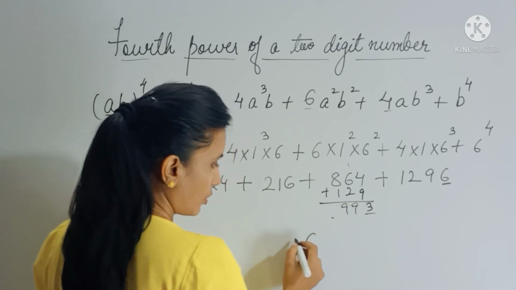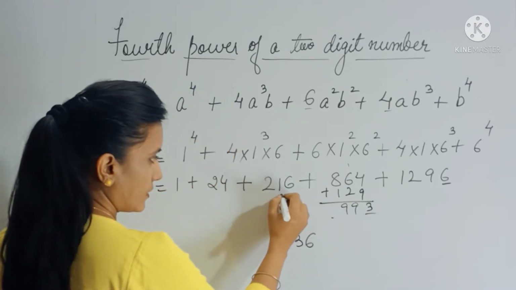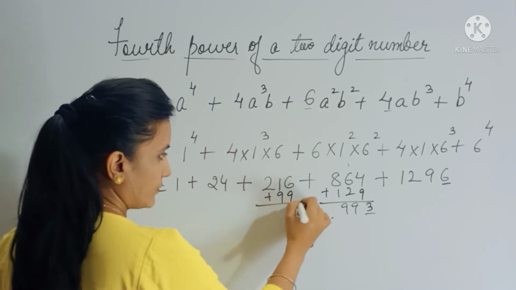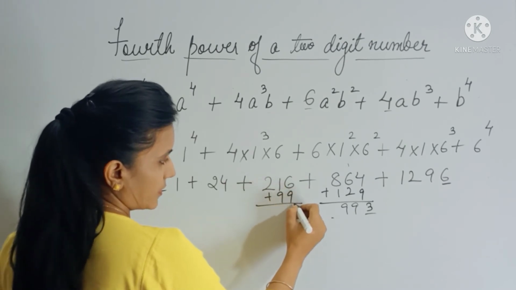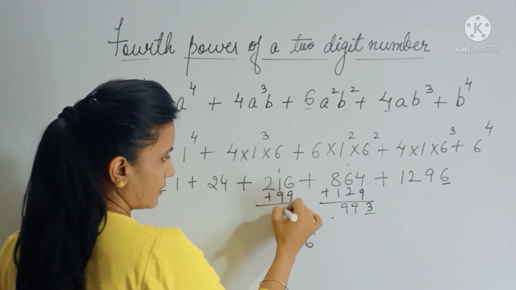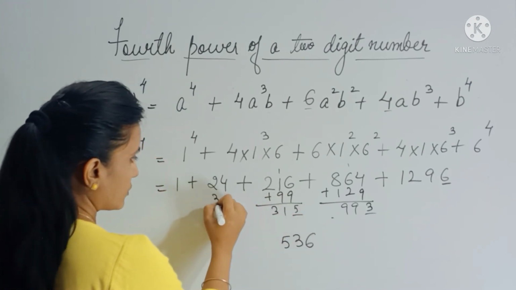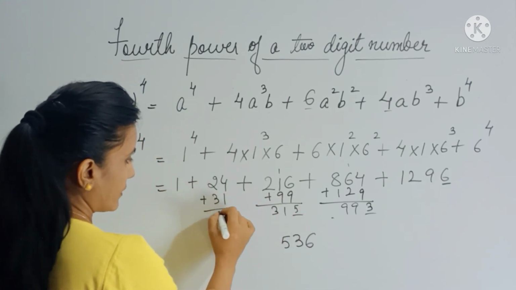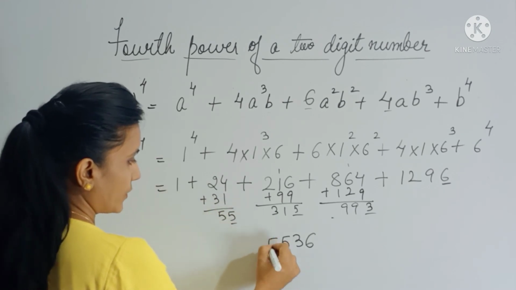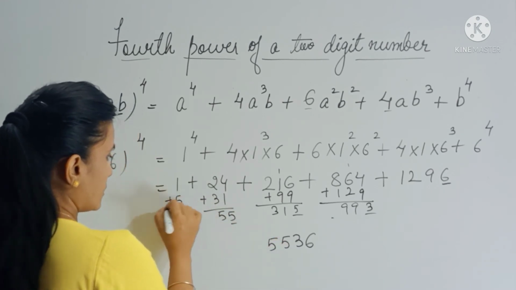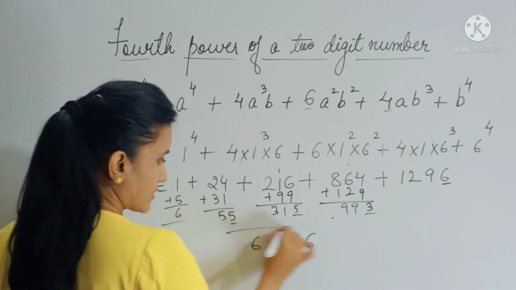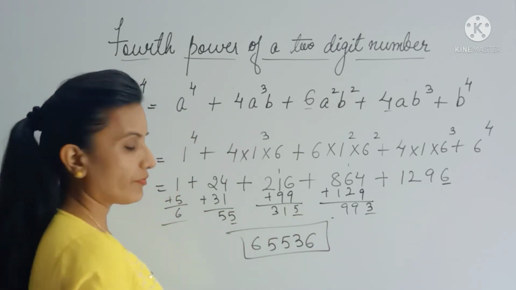Only 3 you copy here, and the remaining 99 you have to add here. So this will be 9 plus 6 is 15, 9, 10, 11, 3. So 5 you have to copy here. This 31 goes here, so you get 5 and 5. So 5 you copy here, and this 5 goes here, so this becomes 6. So 65536 is your final answer.